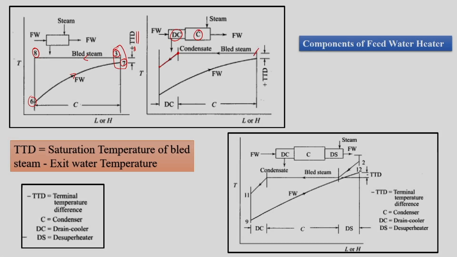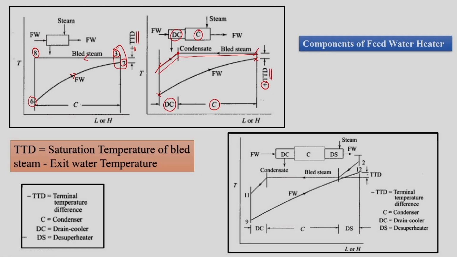So, steam is losing its enthalpy from here to here, where we initially have condensation and then we have subcooling, but water will be rising its enthalpy from here to here. So, one part is condenser, one part is drain cooler, but still here we are having TTD as positive.